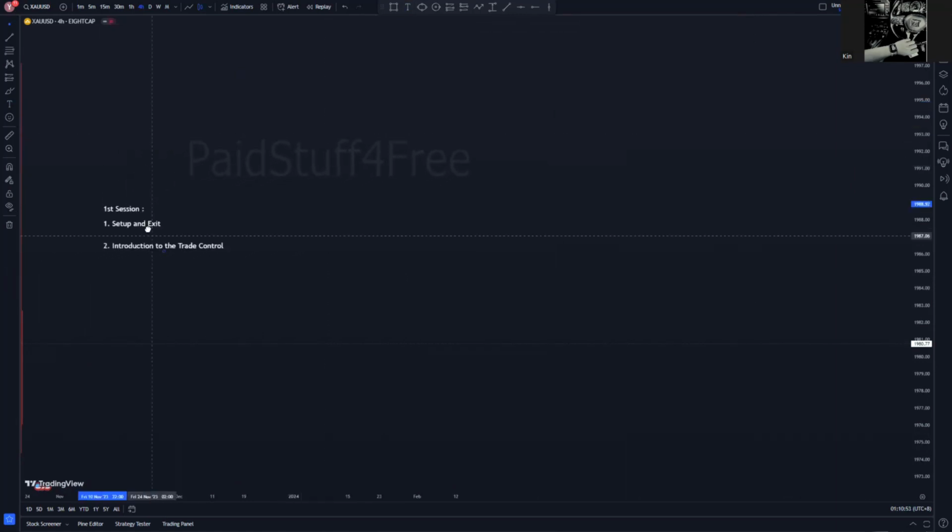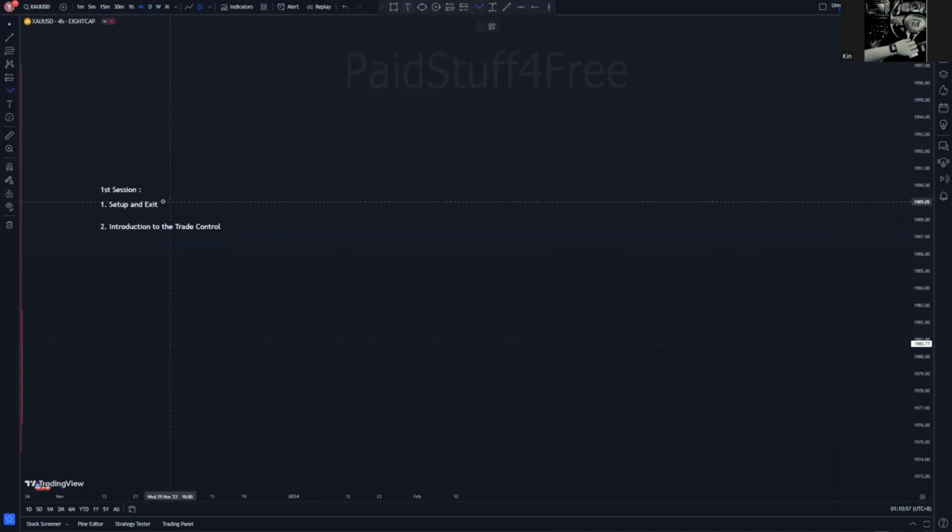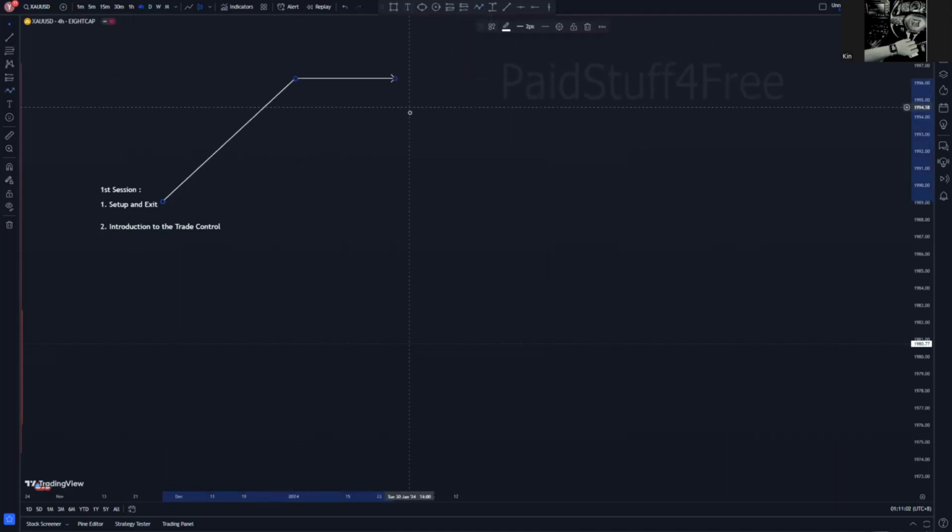So the first topic is going to be the setup and exit. As you guys know, I am not using any kind of indicator. I'm just using my naked charts, there's nothing such as Bollinger Bands or moving average on my chart. So what is actually my indicator?